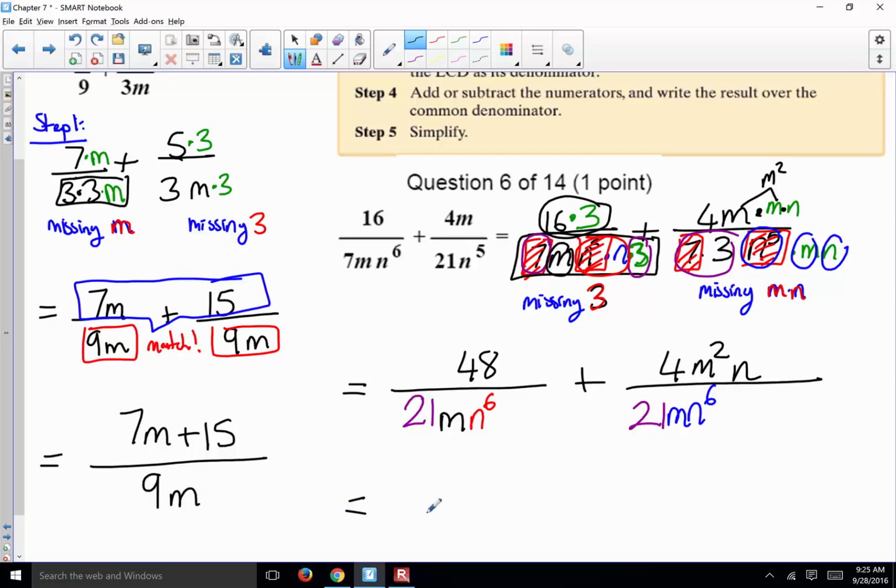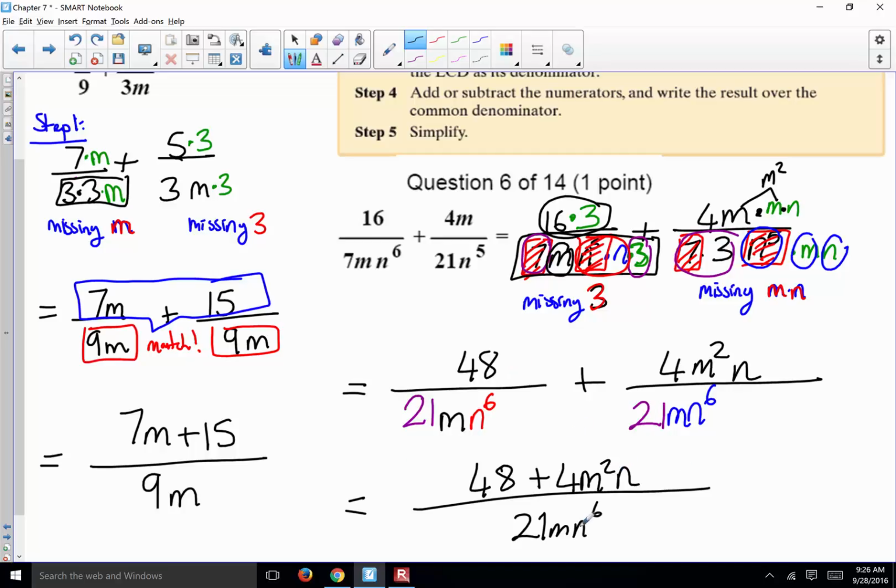All we gotta do now is combine these two with the same denominator. They share the same denominator, so you make one of them. Top will be 48 and 4 m squared n. Okay?